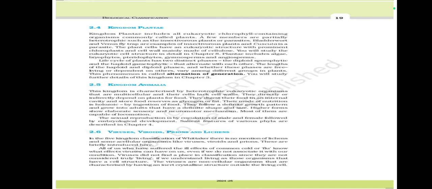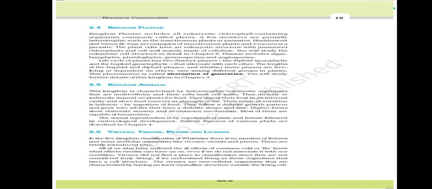Bladderwort and Venus flytrap are examples of insectivorous plants, and Cuscuta is a parasite. The plant cells have an eukaryotic structure with prominent chloroplasts and a cell wall mainly made of cellulose. You will study the eukaryotic cell structure in detail in chapter 8. Plantae includes algae, bryophytes, pteridophytes, gymnosperms, and angiosperms.